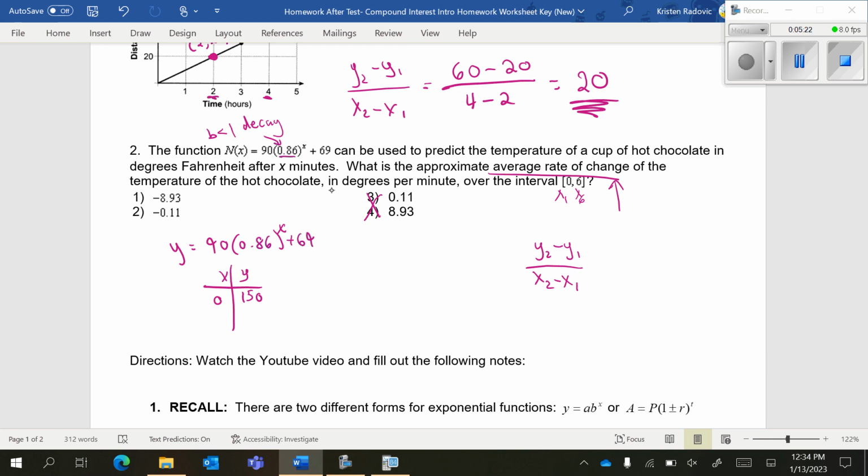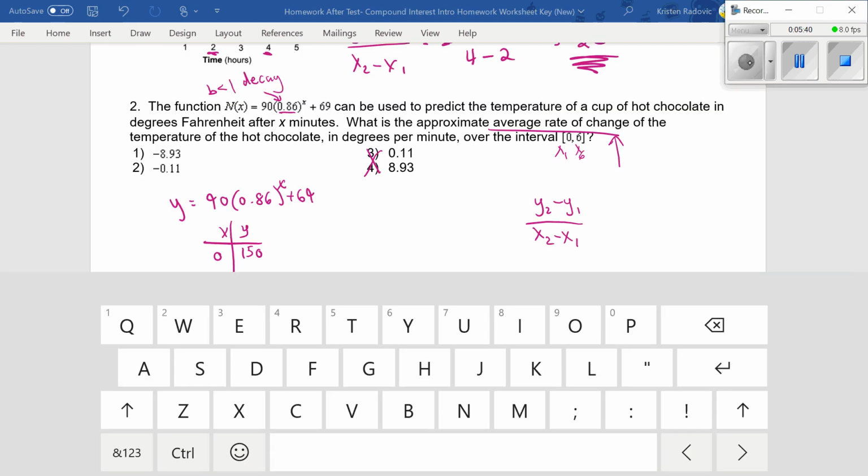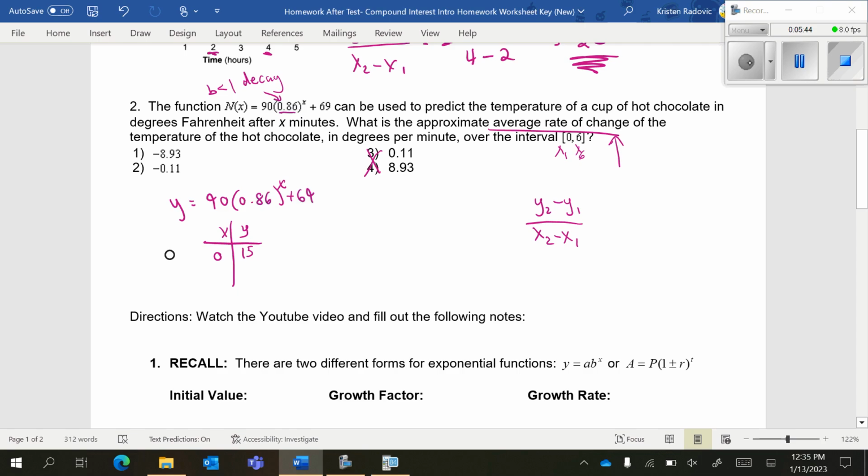Well, we have a vertical stretch of 90, so we have really (0, 90), but we also have a shift up by 69. So it's 90 plus 69, which gives us an initial value of 159, and that's how I knew I made a mistake, because I accidentally wrote 150, but it's 159.